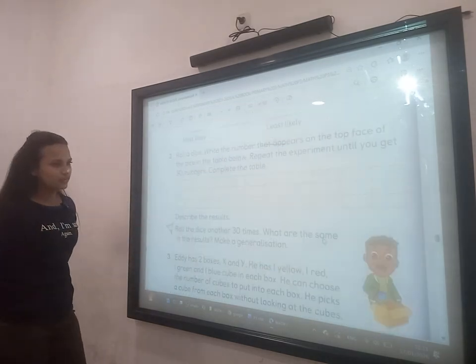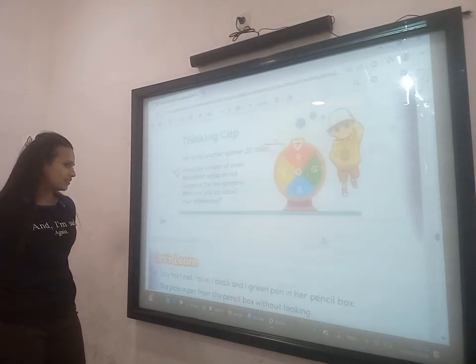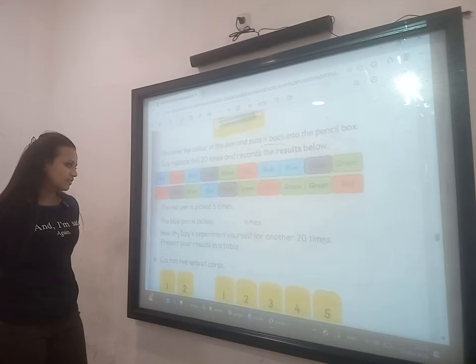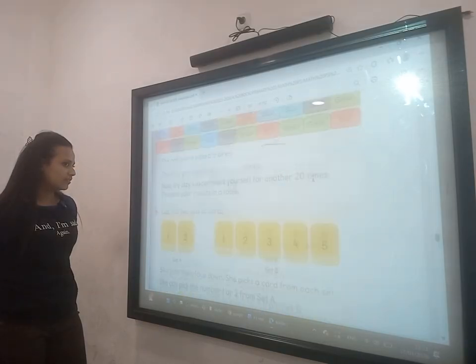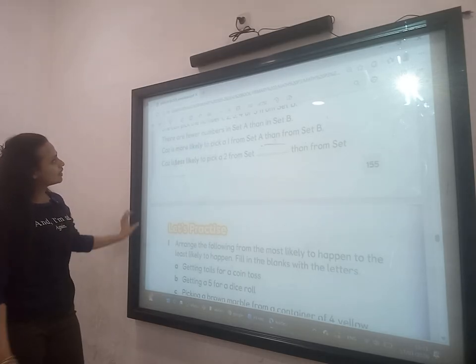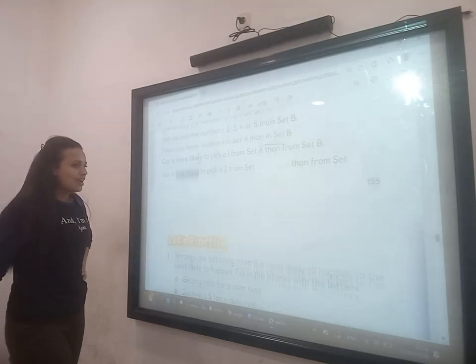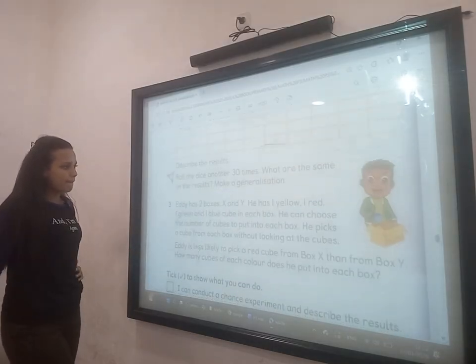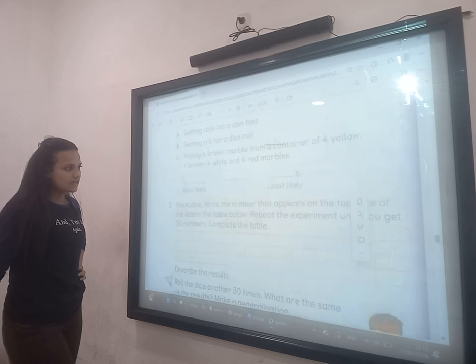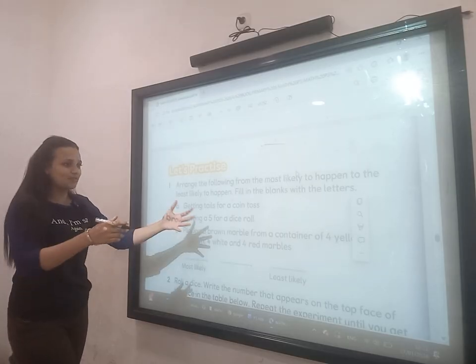Okay, yeah. So the point here is how do you explain the difference between less likely and more likely in one event, in this kind of activity? Oh, so you mean the difference between them? Yeah.